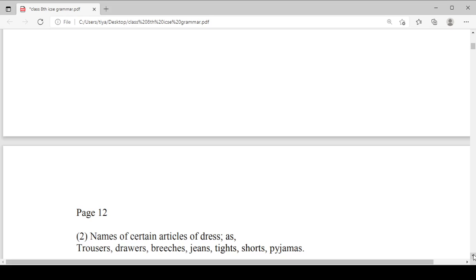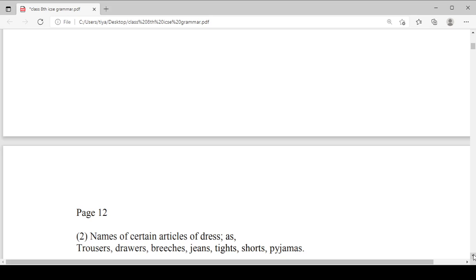Don't call glasses a glass, because if you do, the two words have different meanings. Glass is different, glasses is different. So many times we need to use plural forms of many nouns. Okay, I hope you are easily getting my point.